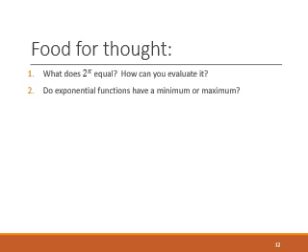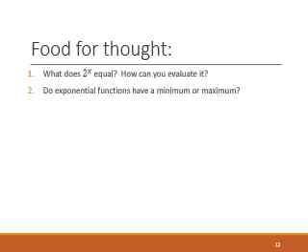Pi is a very famous irrational number, and if you remember, irrational means it cannot be represented as a fraction. Now, pi is 3.14 something, something, something. So pi is bigger than 3, but less than 4.